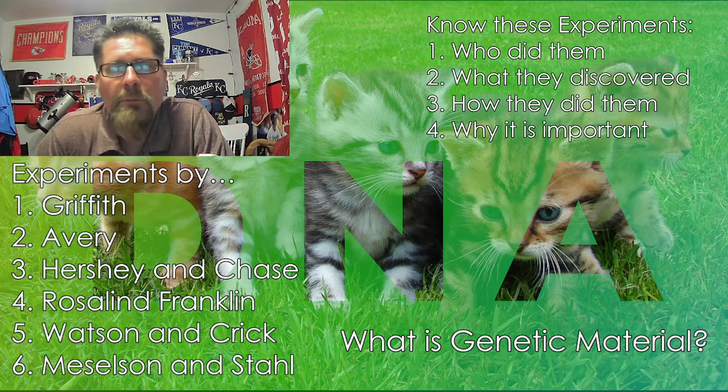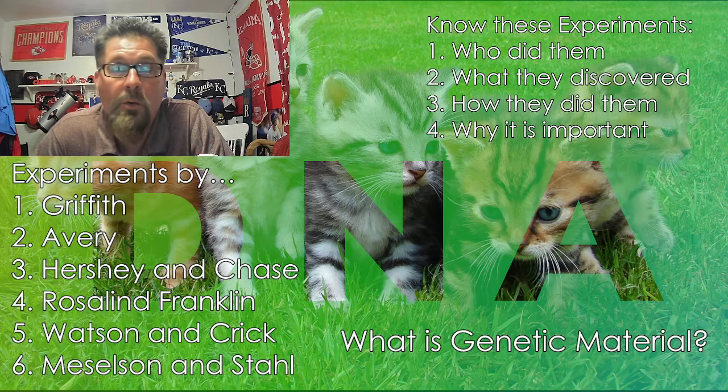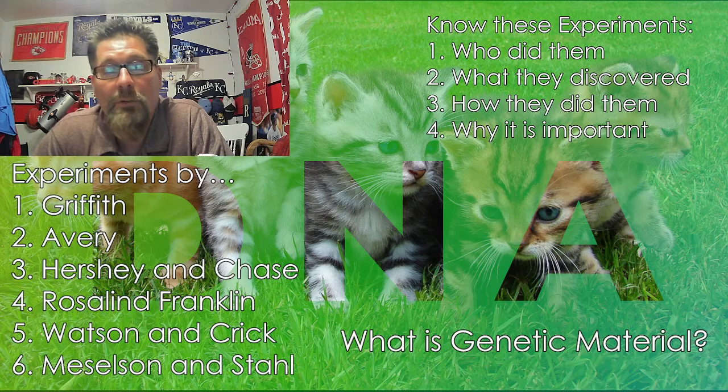Now, when we're talking about what is DNA, we're going to take a historical look at the series of scientists that got us to the point of our understanding about DNA. And of course, in this day and time, the knowledge base of DNA is exponentially growing at all times.